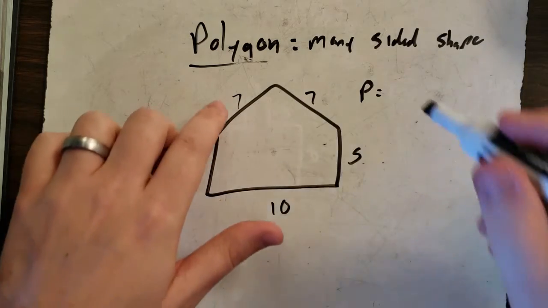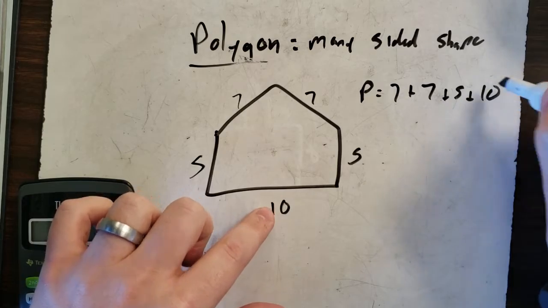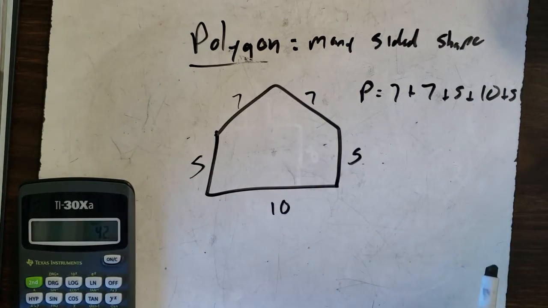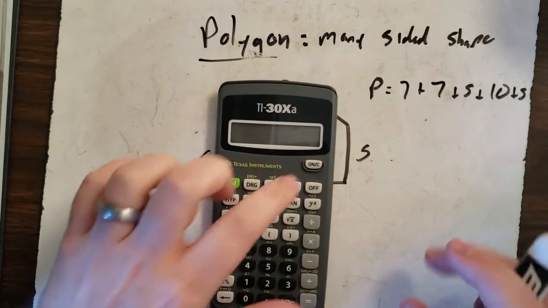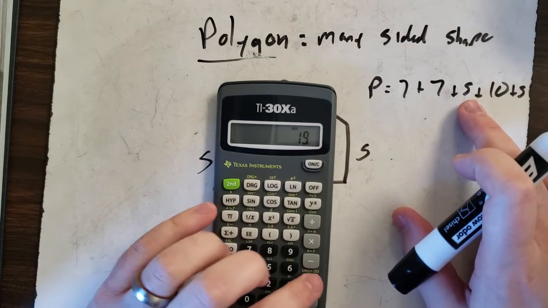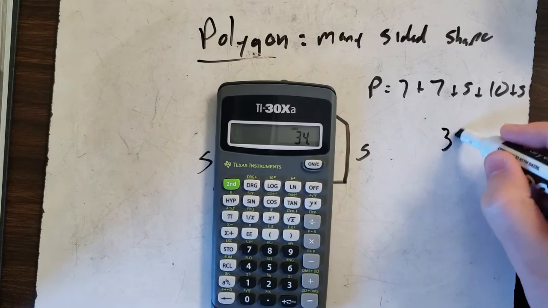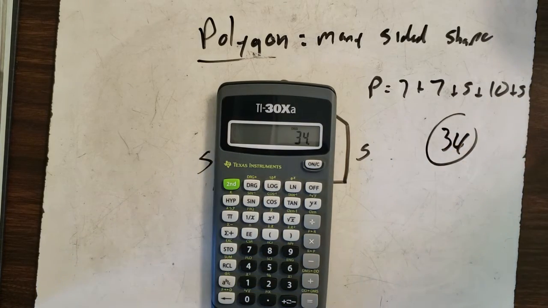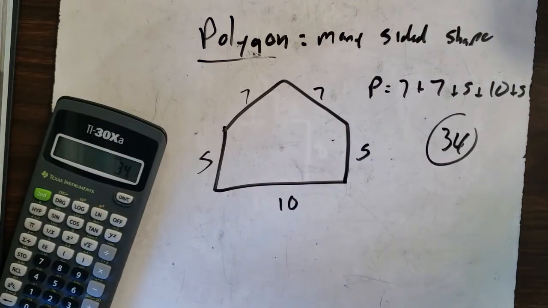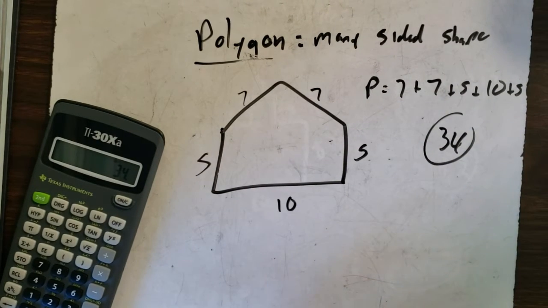Add them up. 7 plus 7 plus 5 plus 10 plus 5 equals 34. Boom, done. Simple. Perimeter, always adding the outside. That's all we're doing with perimeter.